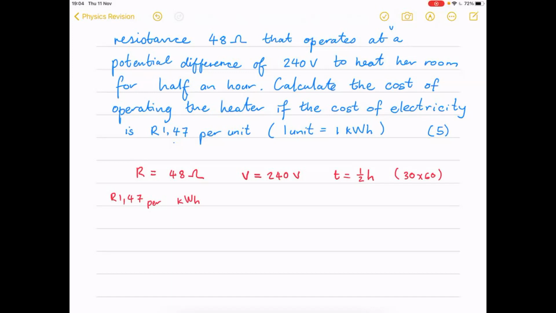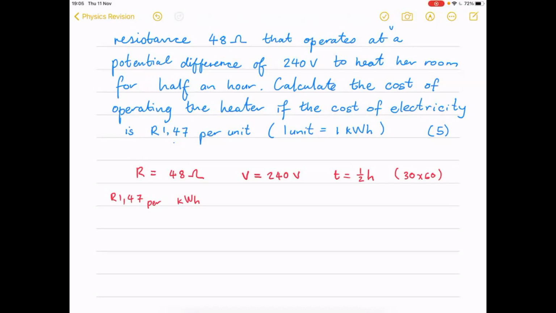And to get the energy, we need to know the power of this apparatus. So we need to calculate the power. If we have the power, we can multiply that by the time that it's on and get the energy. Once we have the energy in the correct unit, we can multiply it by the price, and then we will get the cost. What's important is that we are talking about kilowatt hours.